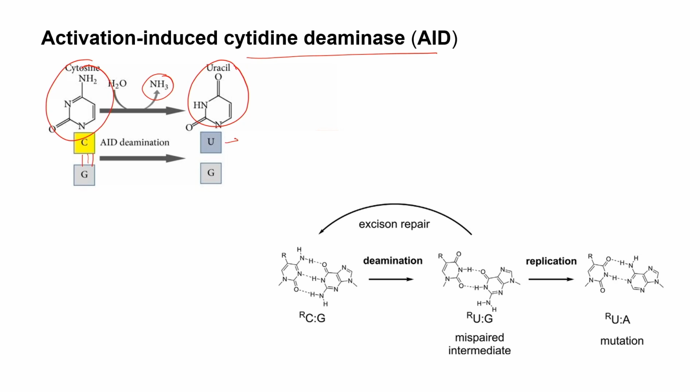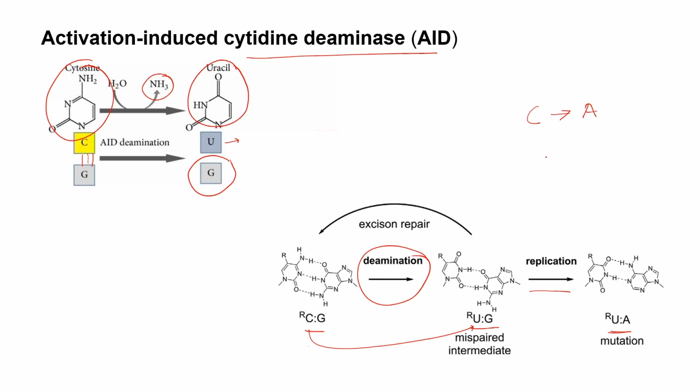This uracil is not at all compatible with guanosine, and therefore in a further round of DNA replication, this uracil can bind to adenine, which is here. So the deamination process converts CG to UG, where cytosine is converted into uracil, and further at the level of replication this uracil can bind to A. So ultimately what we have is actually a C to A mutation.